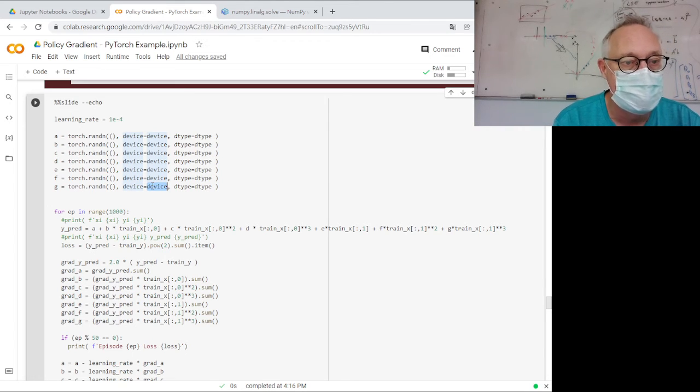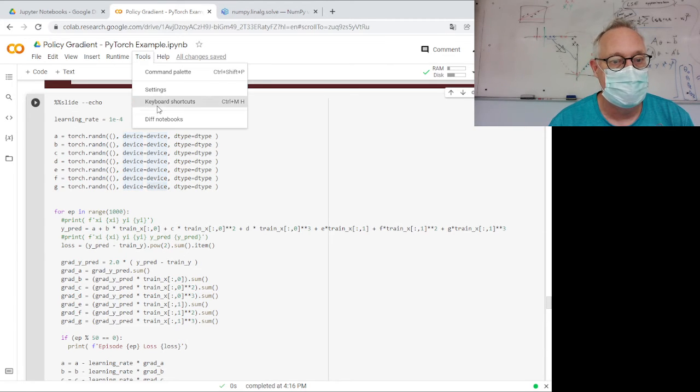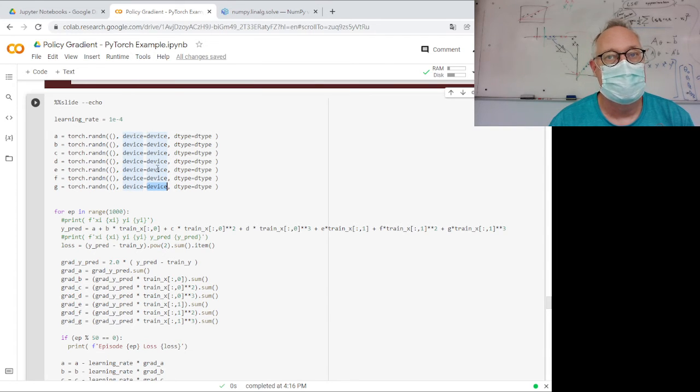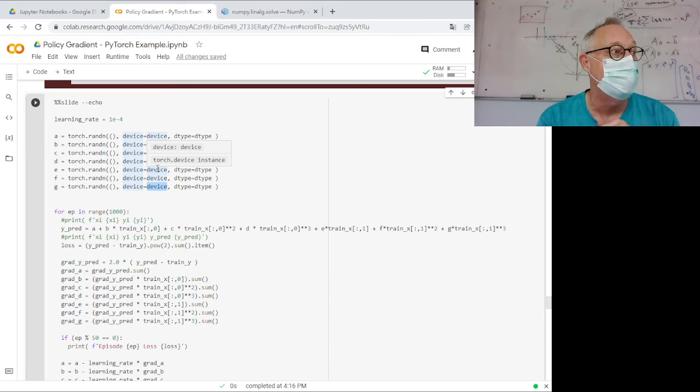Google actually allows me to use the runtime, and we can check that later. But right now I'm just using the CPU. If you have the CUDA library installed, then with PyTorch, you can just set that to GPU, and it will do all the matrix calculations on the GPU, which will be a tremendous speed up, especially if you can batch your computations. Then it will run two orders of magnitude faster than running it on the CPU.